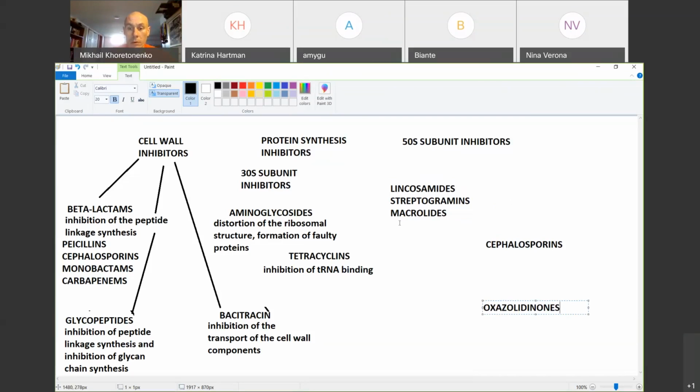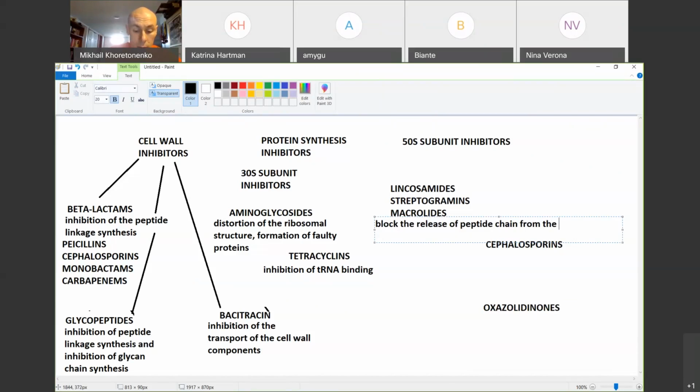So lincosamides and macrolides, they block release of the peptide chain from the 50S subunit.